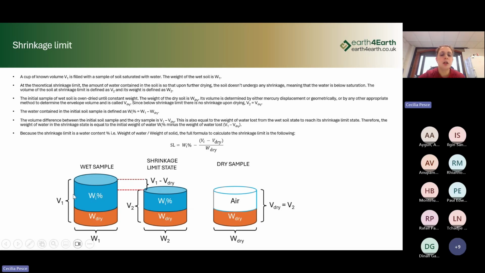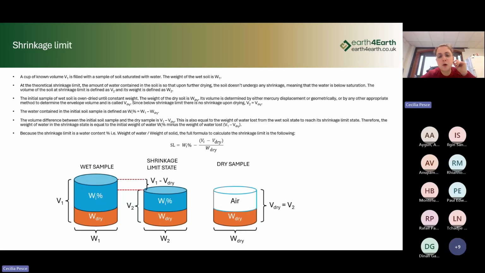Then this sample is dried in the oven until it's completely dry, and this is the state of the dry sample. And we assume its volume, we call it volume dry, and we can measure it either geometrically, or if we have a lab and we can measure the envelope volume with an instrument, we can do that.